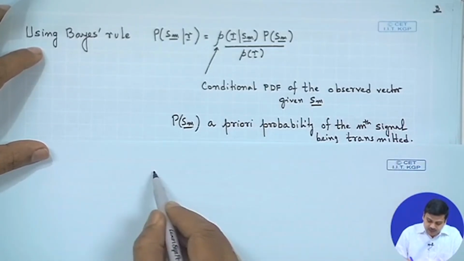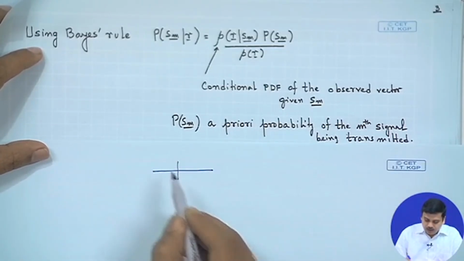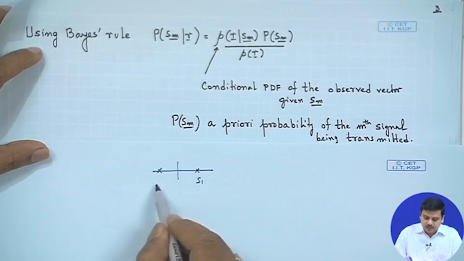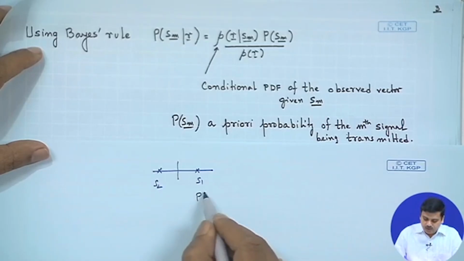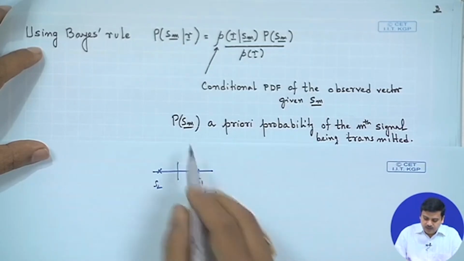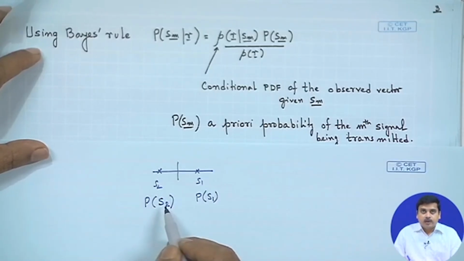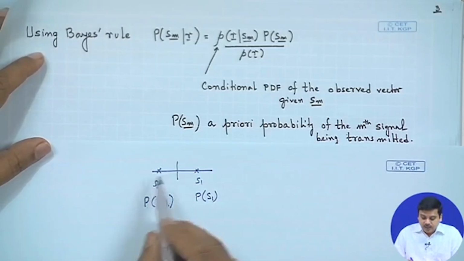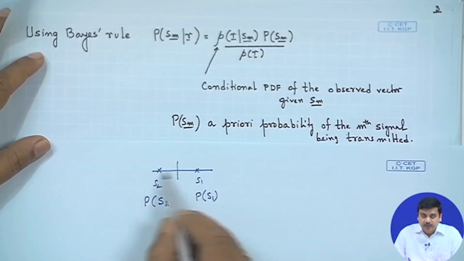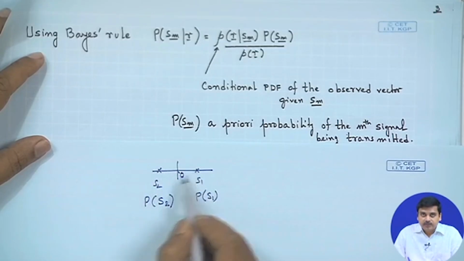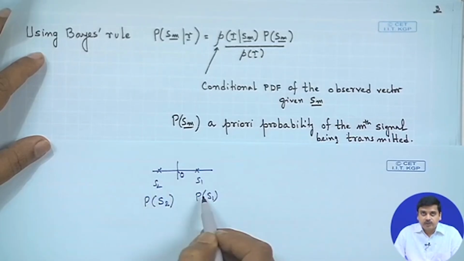So, if we have a constellation, let us say with two symbols S1 and S2, all we are saying is that the probability of S1 is P of S1 and you have P of S2 as the probability of S2. Now, generally, as we said earlier, if we want the mean mu to be 0, in one of the earlier discussions we said the constellations have to be symmetrically placed and chosen with equal probability.